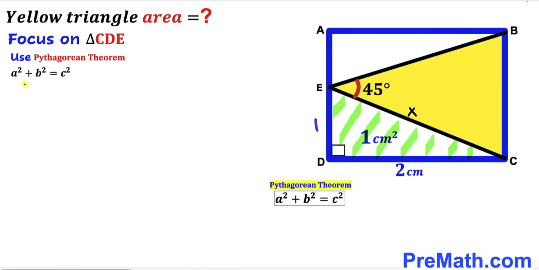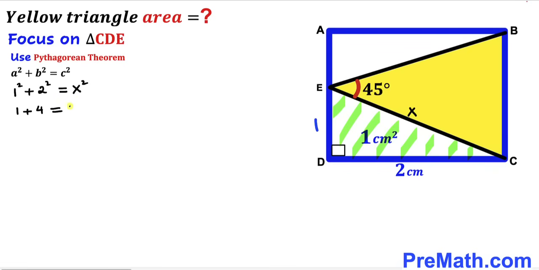So we get 1 square plus 2 square equals x square. Simplifying, that gives us 1 plus 4 equals x square. In other words, x square is simply 5.